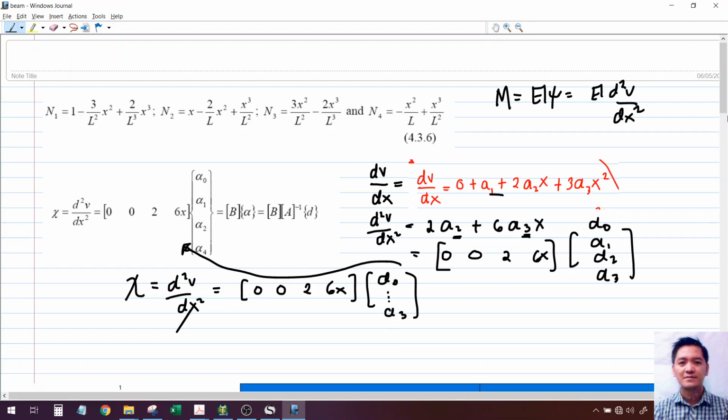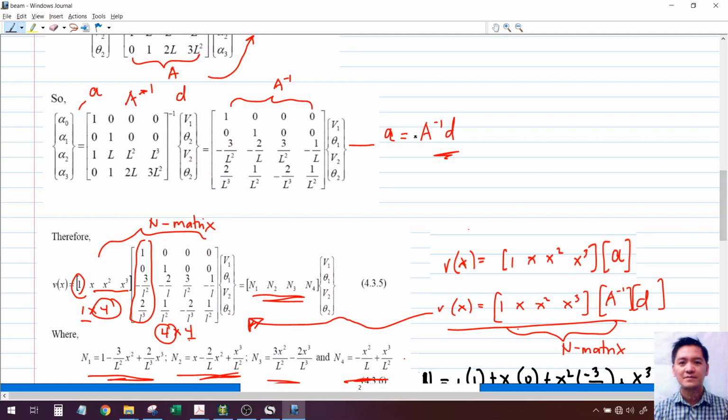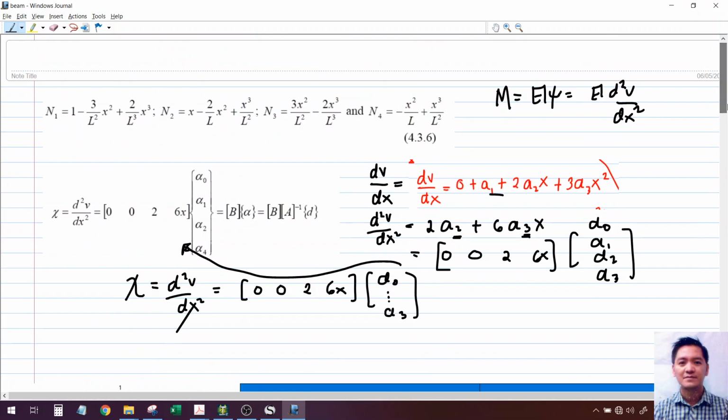Alpha is A inverse D. So this is now our B matrix. So, B alpha is equal to B A inverse D.